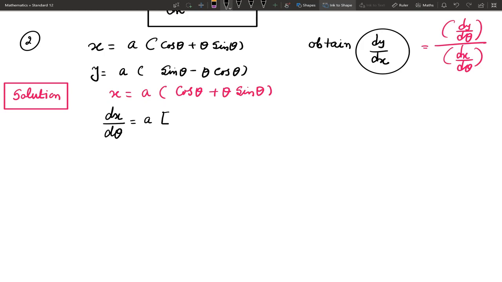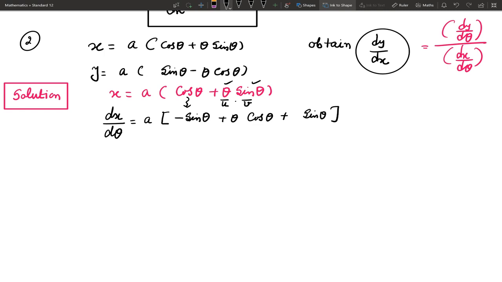A is a constant, derivative of cos is minus sin theta. Here we have to use the product rule, u into v. So u into the derivative of v, so theta into the derivative of sin theta with respect to theta. Now sin theta as it is, derivative of theta with respect to theta is 1. So we have used the product rule, u into derivative of v plus v into derivative of u.